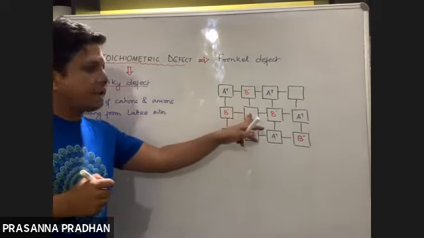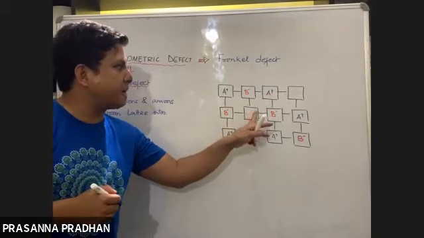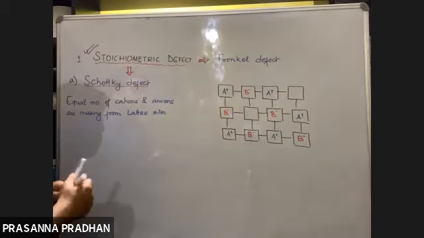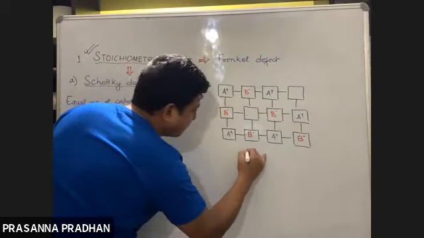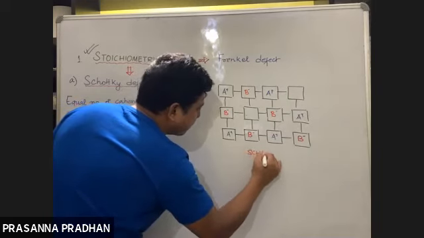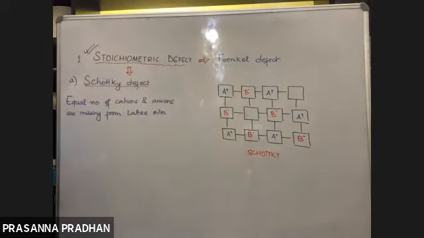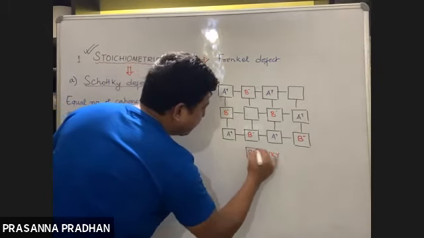So for every one cation missing, if one anion is missing, if the same number of cations and anions are missing, then this defect is referred to as the Schottky defect. You will get this diagram, I'm telling you. This defect is called a Schottky defect.